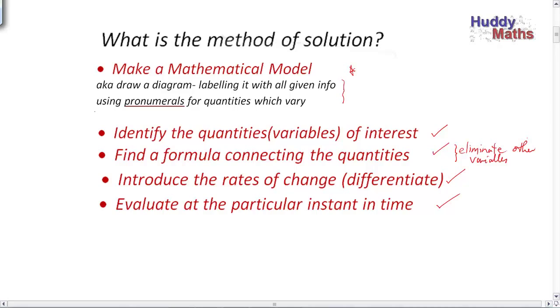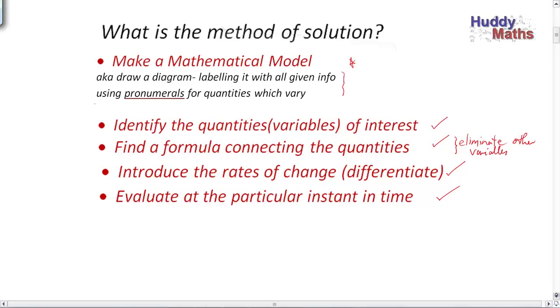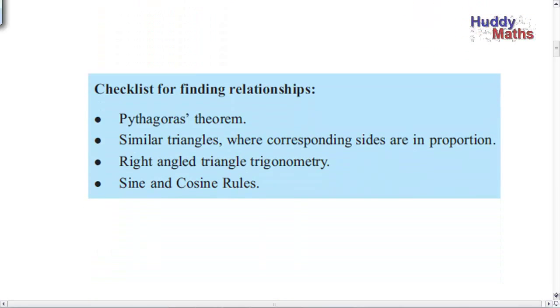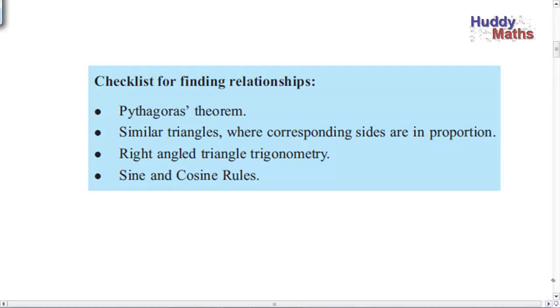What we're going to do is have a look at this process with some screen clippings from Hayes and Harris publications, so it'd be good to have their specialist book there. Before we do that, we have a checklist from there, which says you've got these basic tools: Pythagoras' theorem, and similar triangles, where we're connecting triangles by the transformation of enlargement, so the ratios of corresponding sides are in proportion.